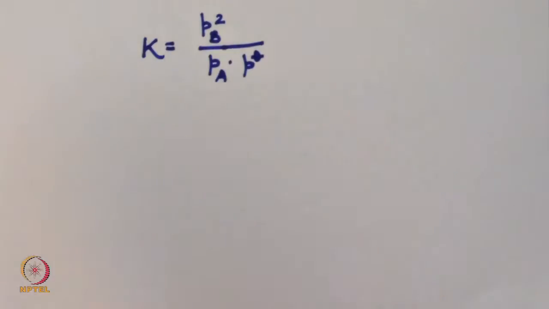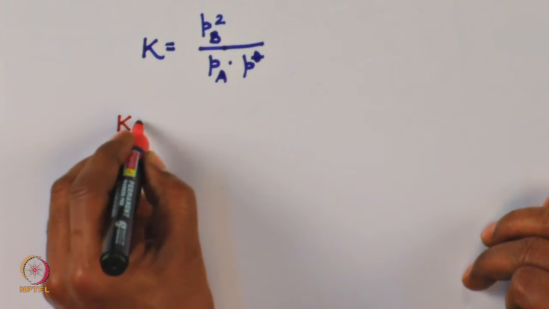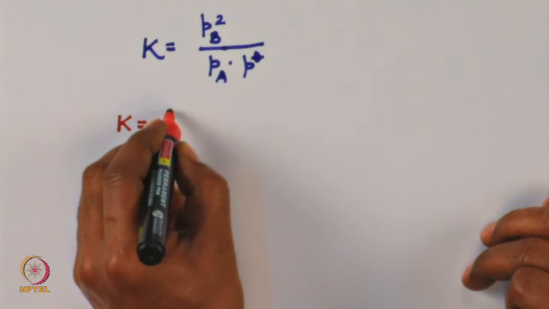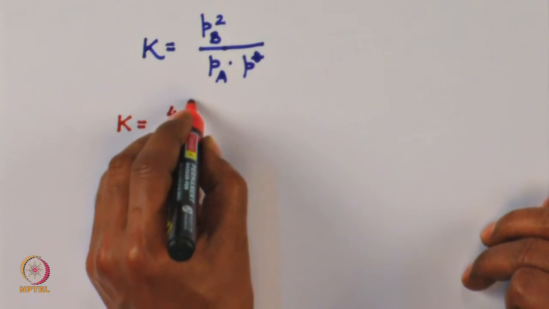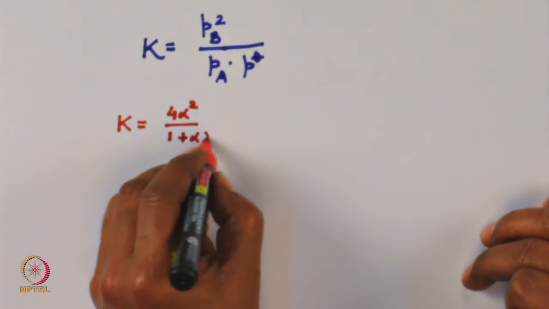and I will substitute the mole fractions. So, K is equal to P B square. P B square is 4 alpha square over (1 plus alpha) square.